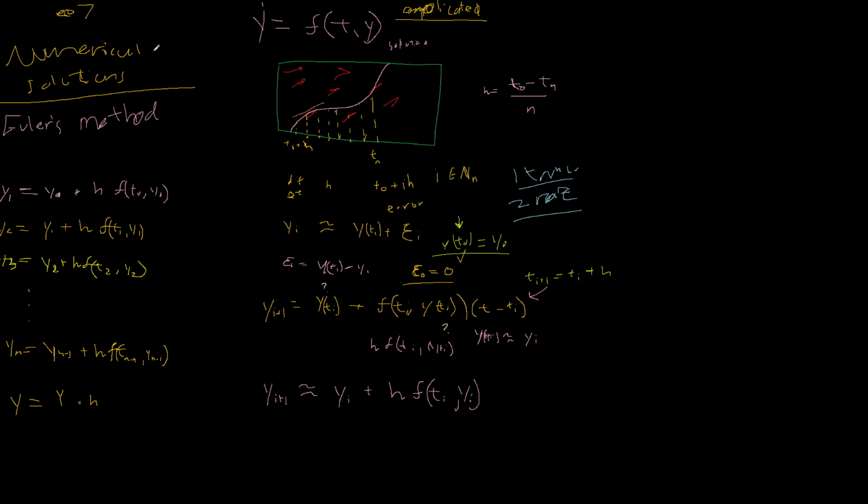Actually, a better way to write this down as a computer program would be y equals y(t0), and then basically for t in t0 to tn, let y plus equals h times f(t, y), right?